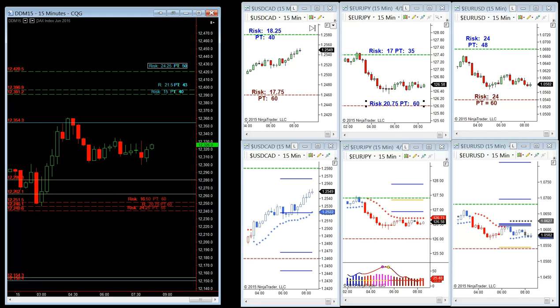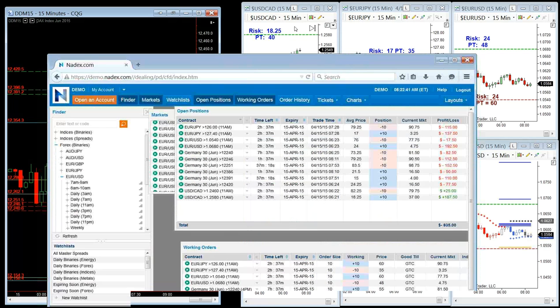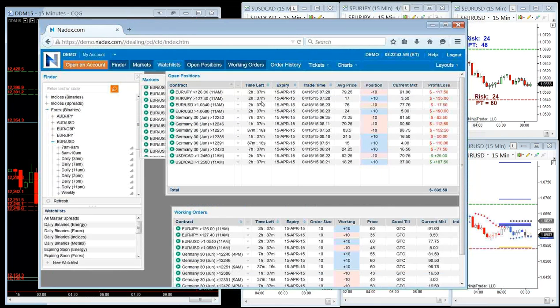I think I have enough trades. I don't need to enter anymore. What time did I start putting them on? That was easy. Let's see. Trade time 7:30, 7:30, 6:30, 6:30, 6:30, 8:11, almost 8 o'clock, 8:10, 8 o'clock, 6:30, 6:30, 6:30.